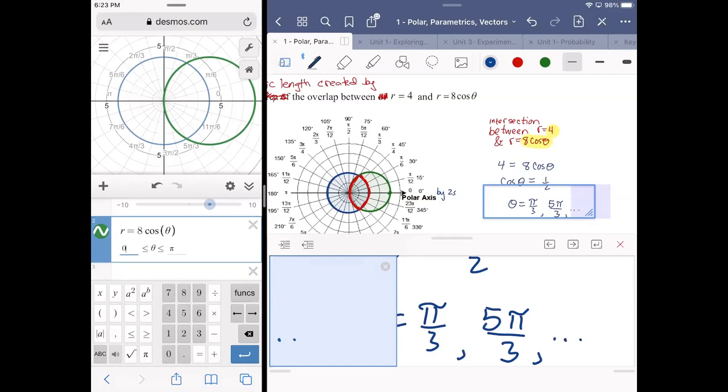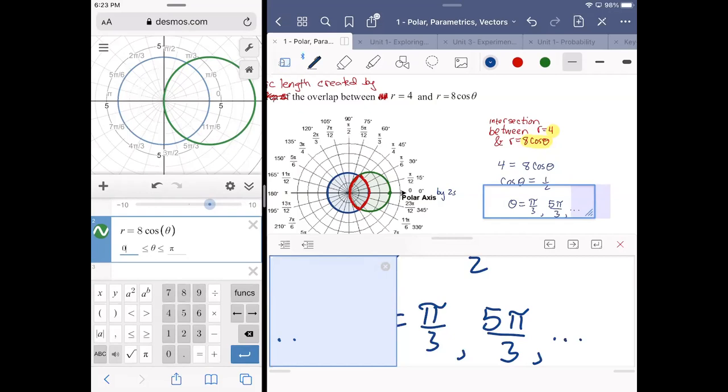If I want to go from 7 pi over 2 to 11 pi over 2, it'll get confusing visually, but that's only going to give me that interval. It will have gone around multiple times, so it'll appear as though it's giving you more than what you want, and that's the drawback of using the 8 cosine theta.